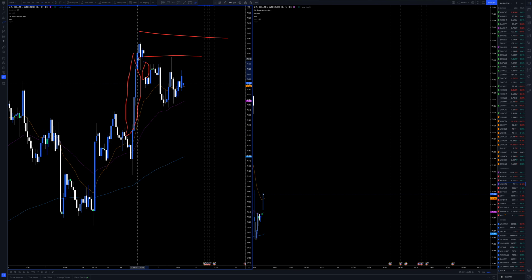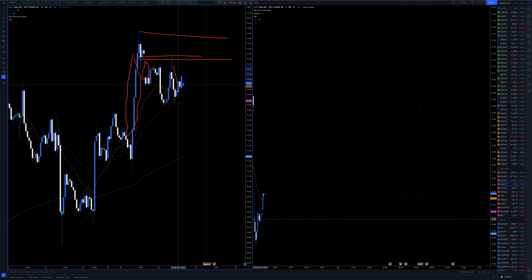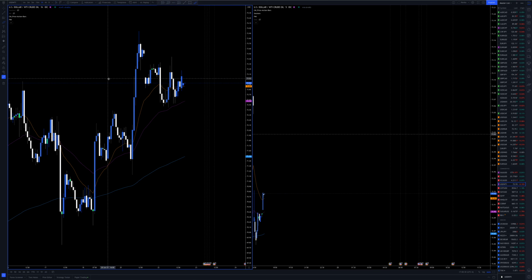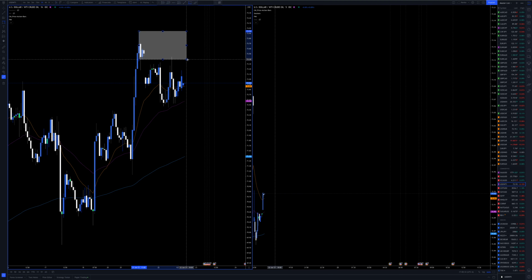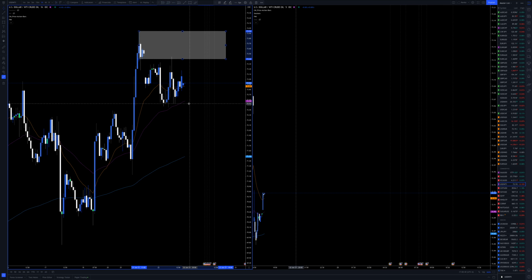So we know that there's a lot of orders here. We have a huge move out, and then when price comes back to the level, it sells off down. So that's what those look like on a chart. Hopefully that's making sense to you. And just to make it a little easier to see, I'll put this rectangle in so that you can see the level, and then someone would look to sell the level.